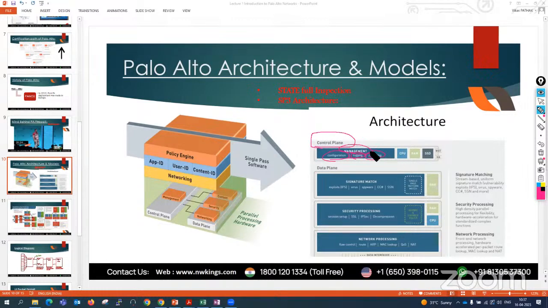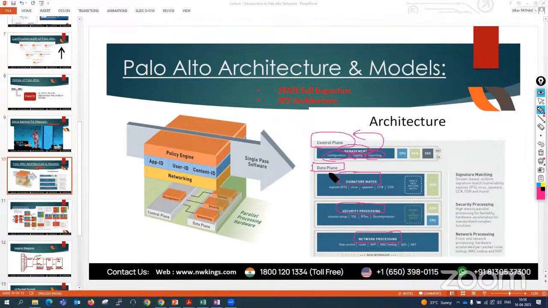You can call it the management plane also, not a problem. But when you talk about the data plane, all the security checks, whether related to network security, security processing, or signature matching, all these things will be done by your data plane.